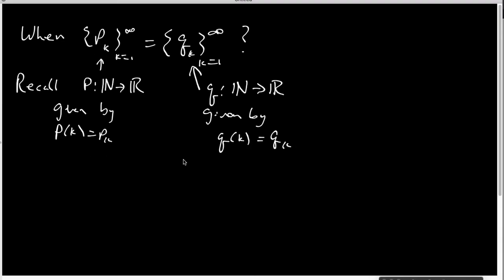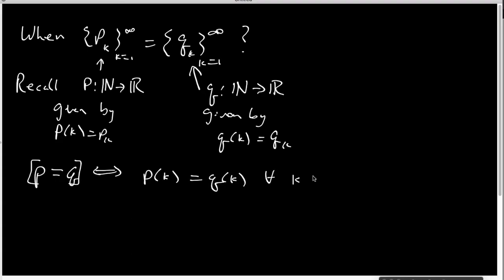And I know the function p is equal to the function q if and only if p of k is equal to q of k for all k's inside their domain, and their domain is the set of natural numbers. That's going to be true if and only if pk is exactly equal to qk for all of the k's inside the set of natural numbers.